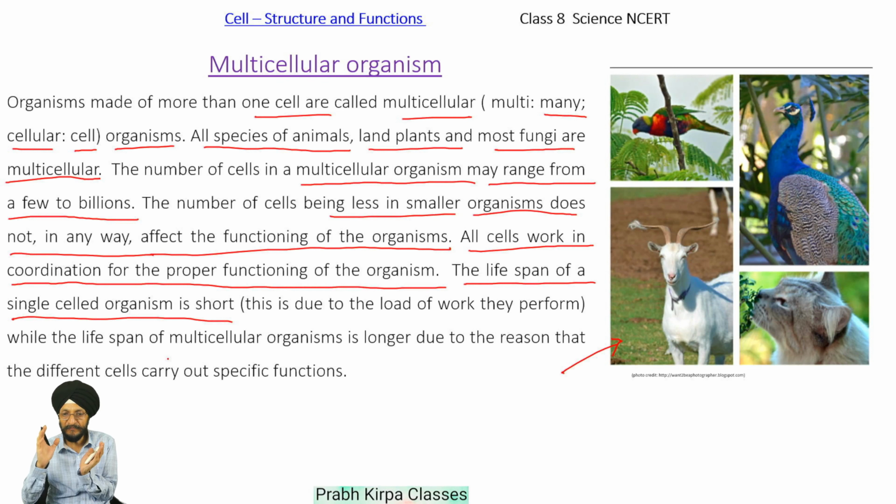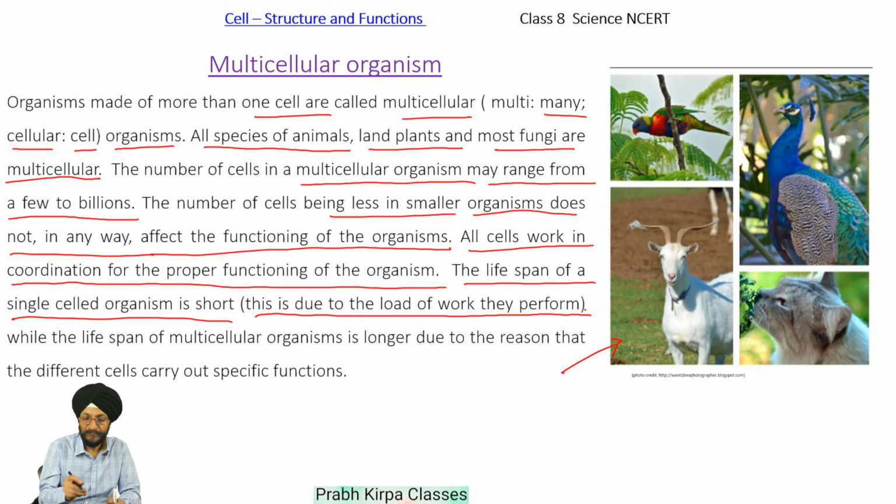Because all the functions such as excretion, digestion, reproduction have to be performed by the single cell, and there is a lot of work which the single-celled organism has to perform.